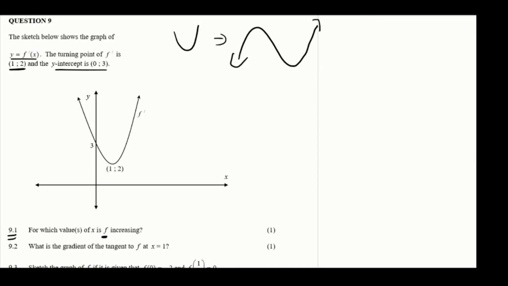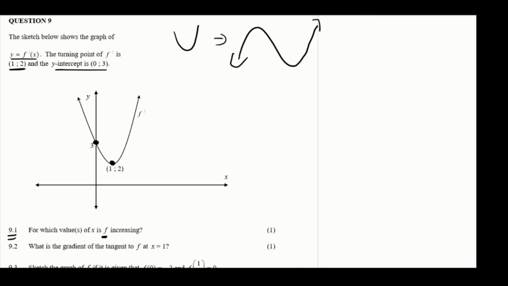How are we going to determine that? We have the turning point of this function here at (1; 2), and we also have the intercept. The intercept of our parabola is actually the turning point of our cubic function, but I'm only talking of the x value of this graph here, not necessarily the y value.